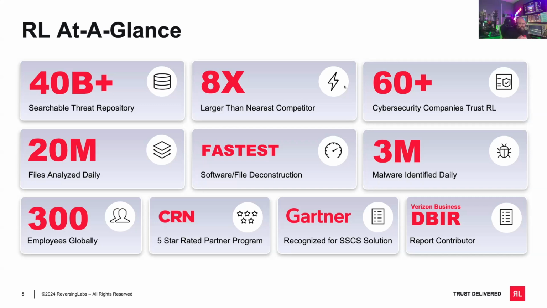I always like to point that out because you see over here on the left, 20 million files analyzed daily. I've had people ask, how do you analyze that many files every day, or where do they all come from? Well, that's because all of these other cybersecurity companies are feeding us files and allowing us to give them back our scans, reputation, and intel.